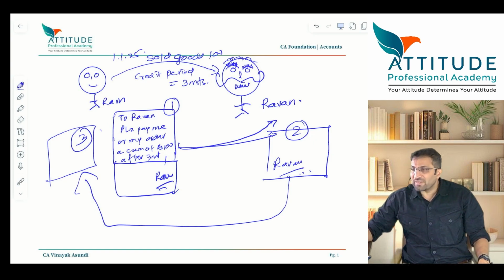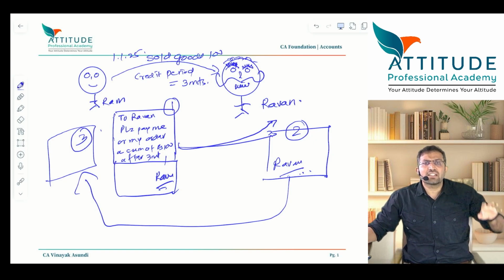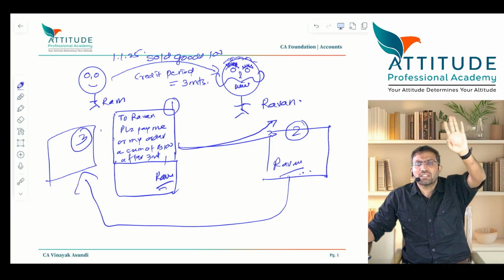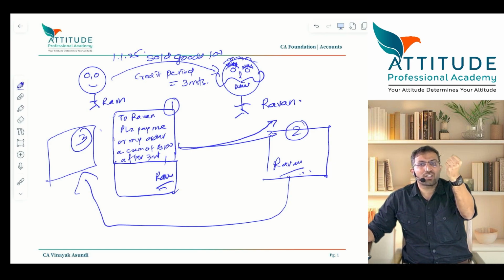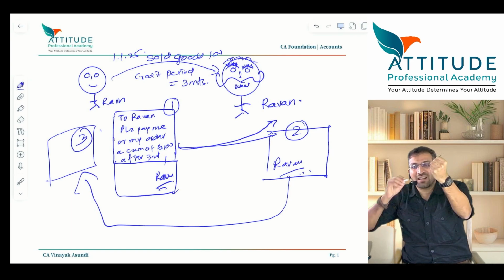That is why bills of exchange are drawn. Is that clear? Understood? So tell me, my dear friends, Ram initially sold the goods to whom? Ravan. Credit period is how many months? 3 months. Ram draws a bill, sends it to Ravan. Ravan signs the bill and sends it back to Ram. And Ram has got this signed bill of Ravan. Ravan has accepted the bill.